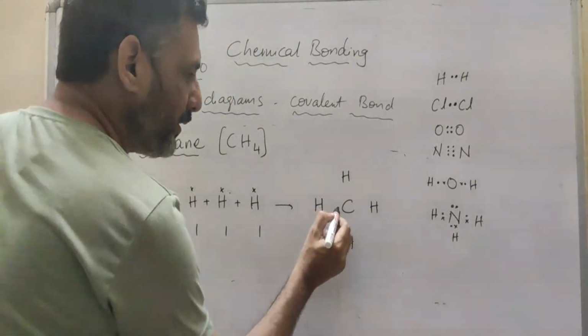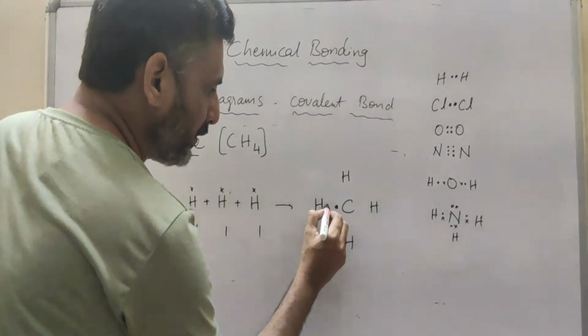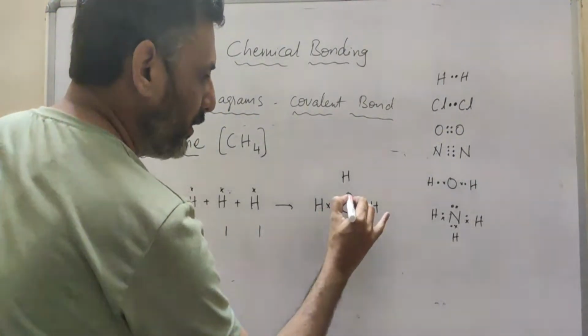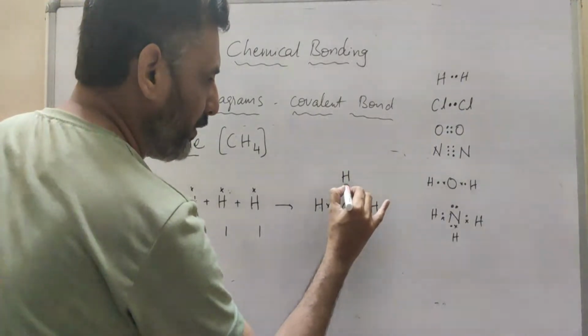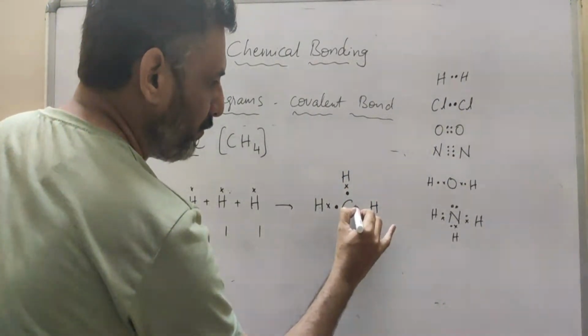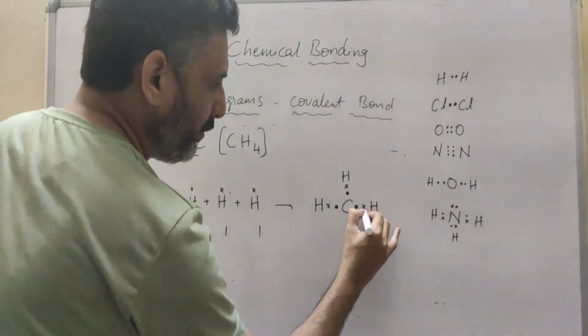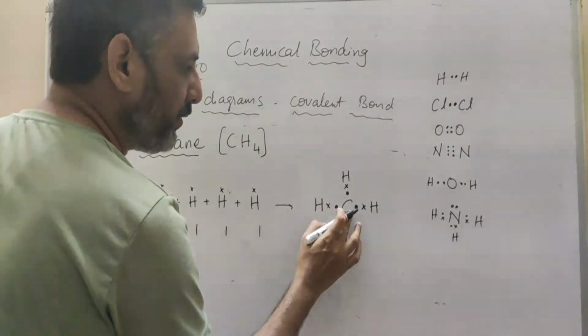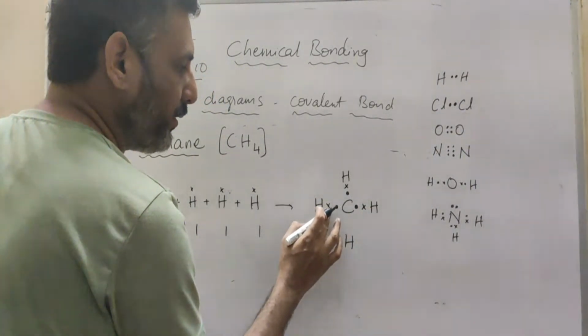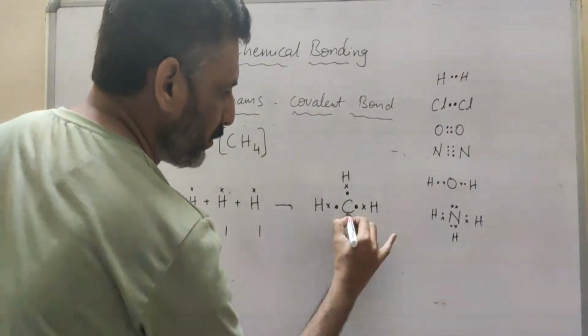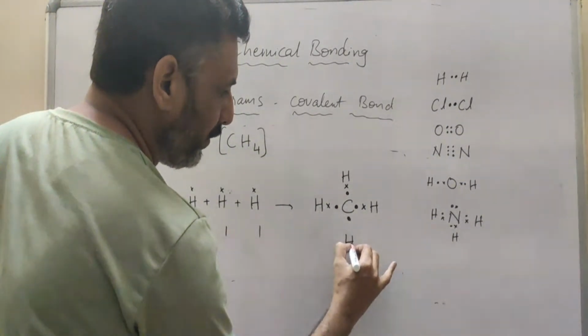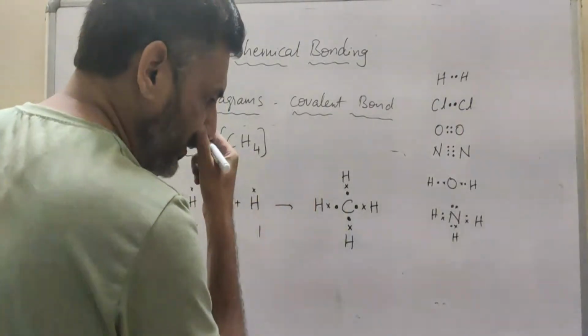Carbon gives 1 electron because hydrogen also gives 1 electron. So 1 electron from carbon, 1 from hydrogen, and so on. I am showing electrons from carbon as dots, and electrons from hydrogen as crosses.